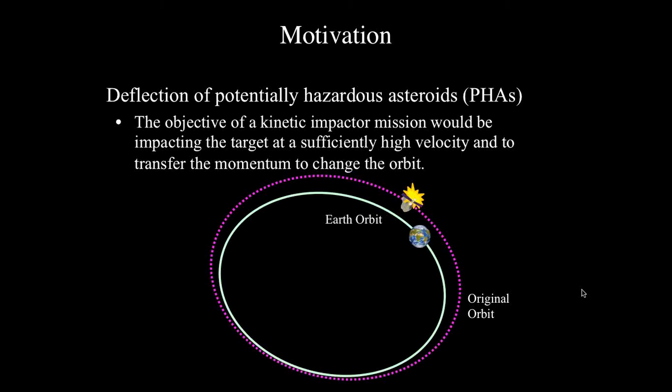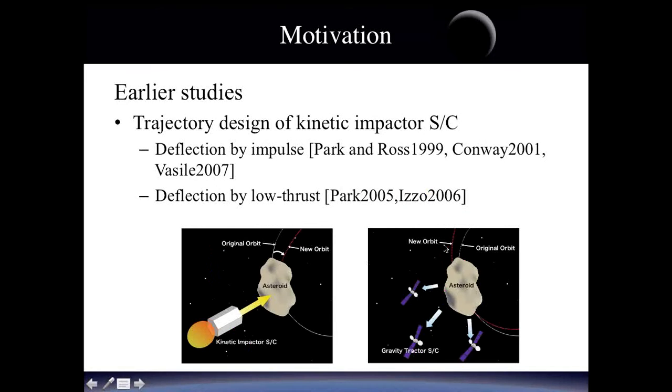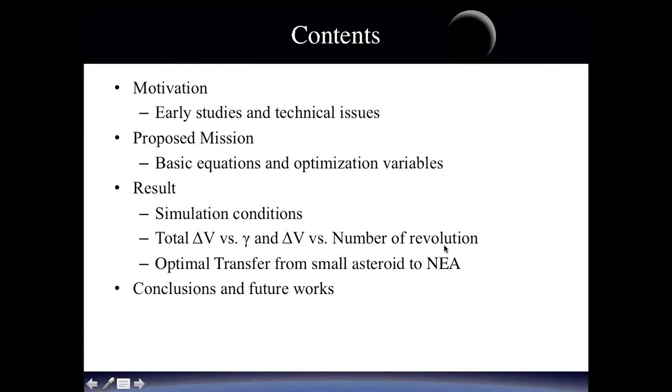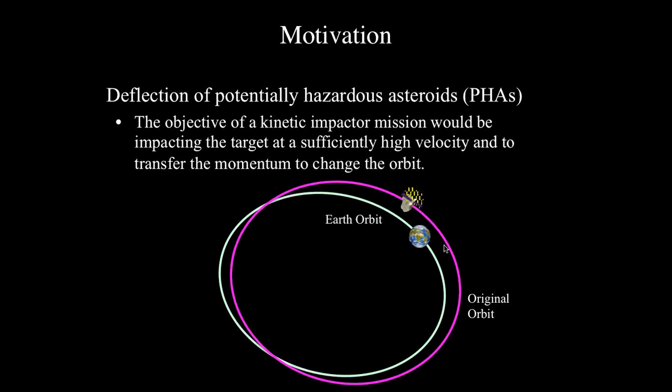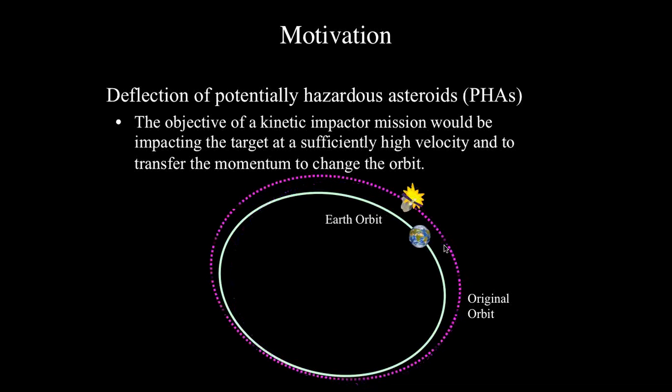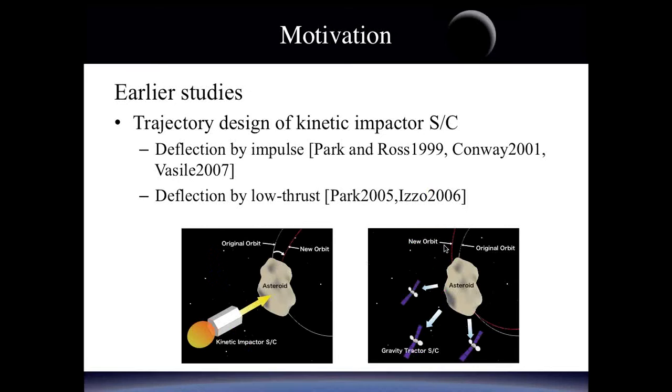So, in this slide, I introduce the deflection mission called the kinetic impact mission. The trajectory of a dangerous asteroid will be changed by the kinetic impact of a spacecraft on the near-Earth asteroid.